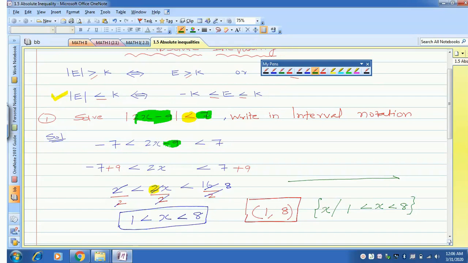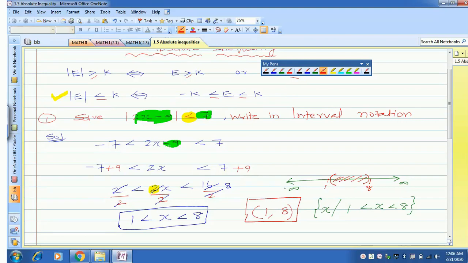The graph is a number line from minus infinity to plus infinity, with the values 1 and 8, both open.